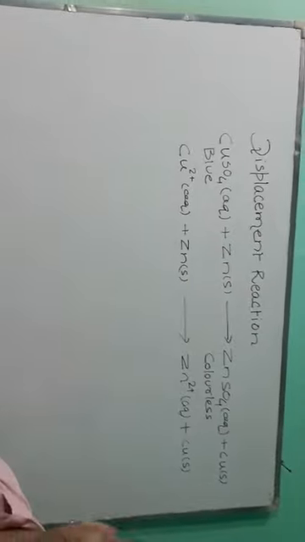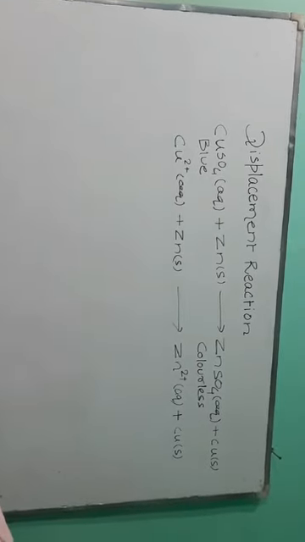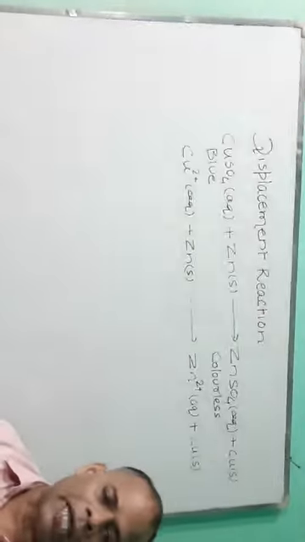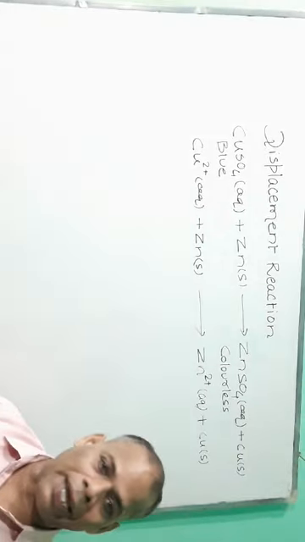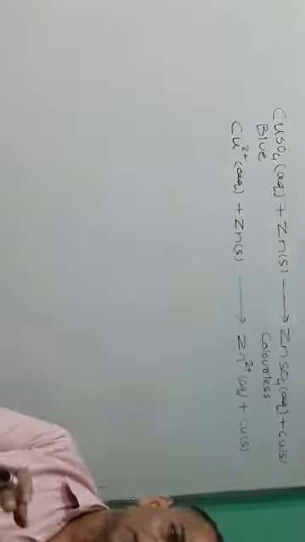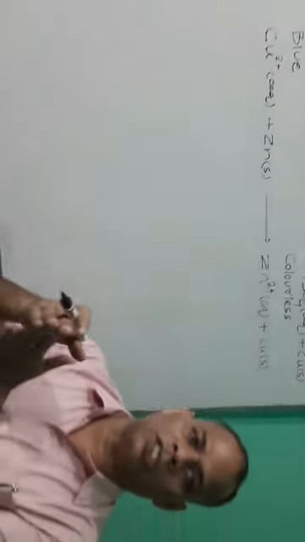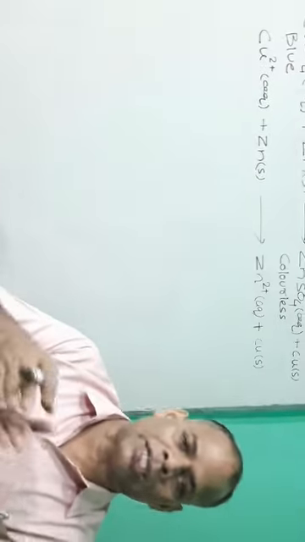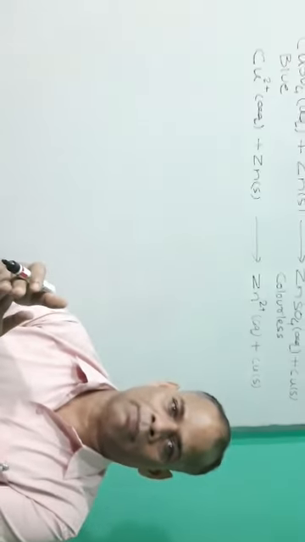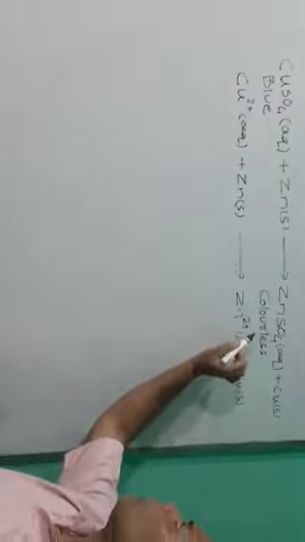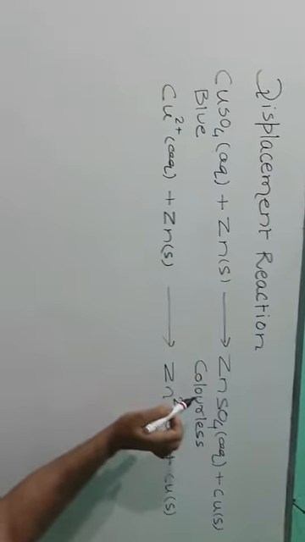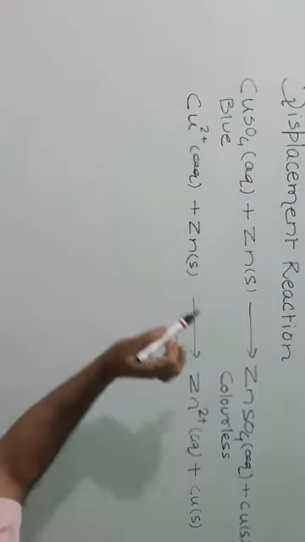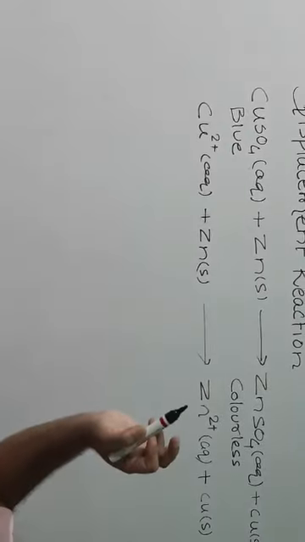So the gradual fading of the blue color of copper sulfate indicates that the reaction is proceeding, that the reaction is taking place continuously. The appearance of this colorless salt solution indicates that a reaction is taking place.